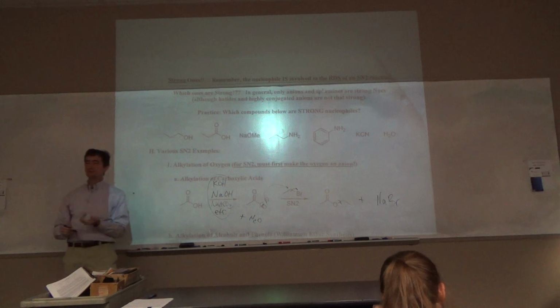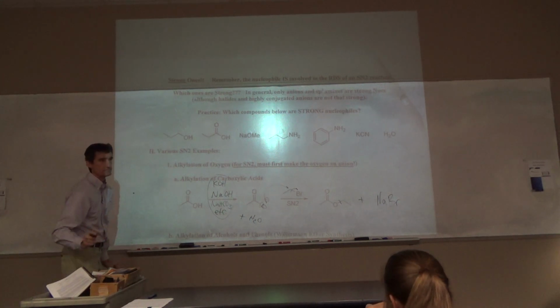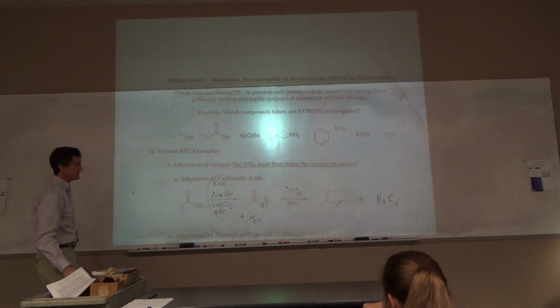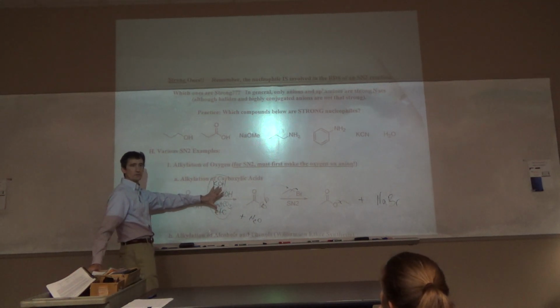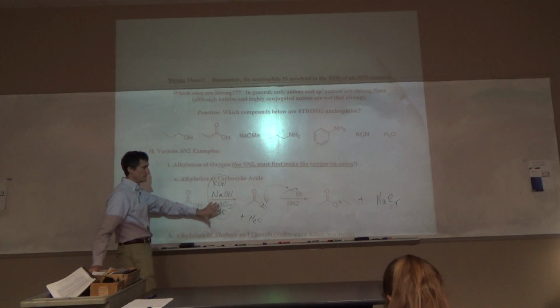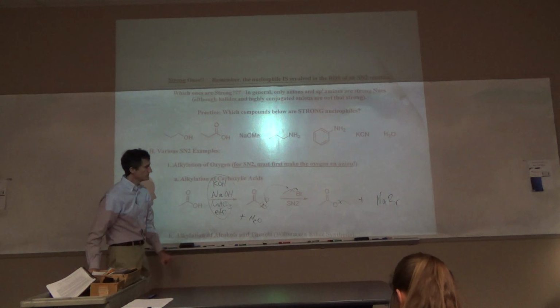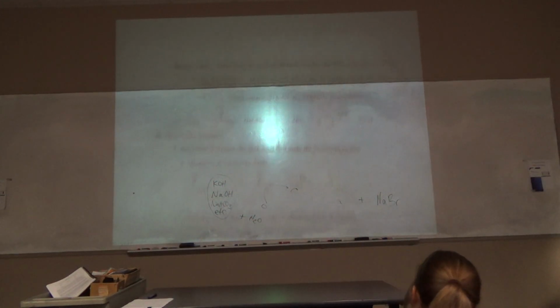There's a huge number of bases that can be used to accomplish that first step. You can even use ammonia here, some type of nitrogen base. It's not even an anion. Good old-fashioned chemistry there, generating the strong nucleophile.